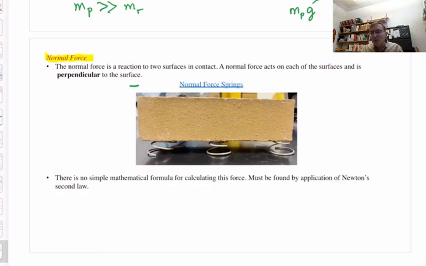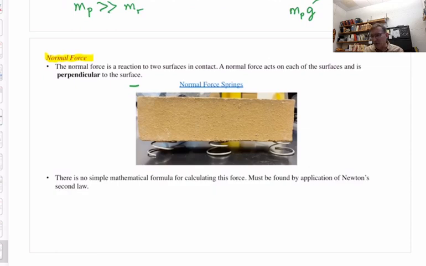It's not like the normal force is normal and any other force is bizarre in some way. No, the word normal there is used in a mathematical sense. In more advanced mathematics, the word normal means perpendicular. So we're using the word normal in the sense of perpendicular.